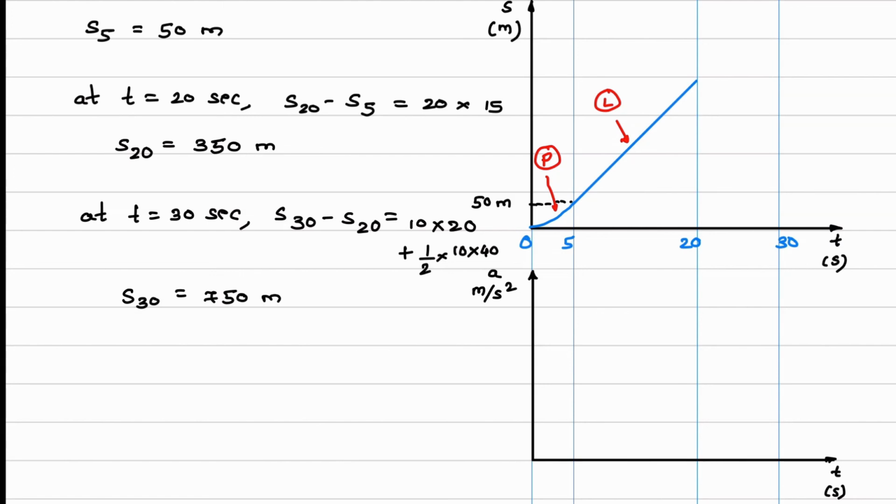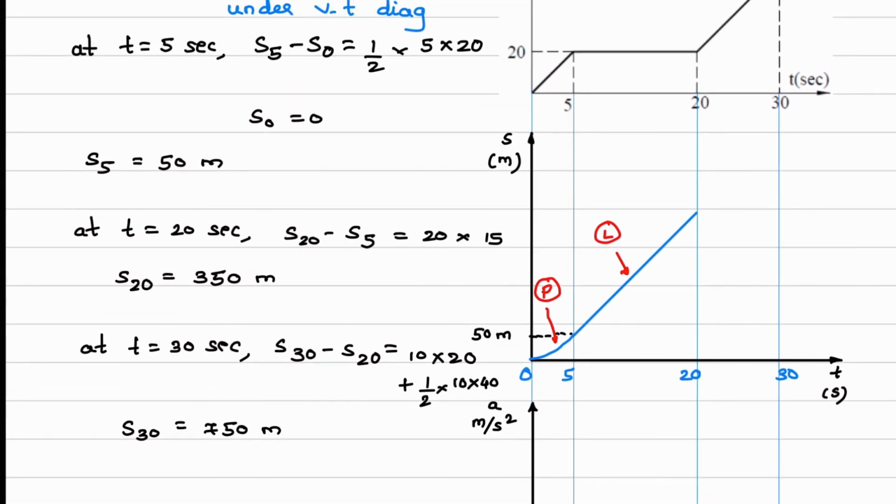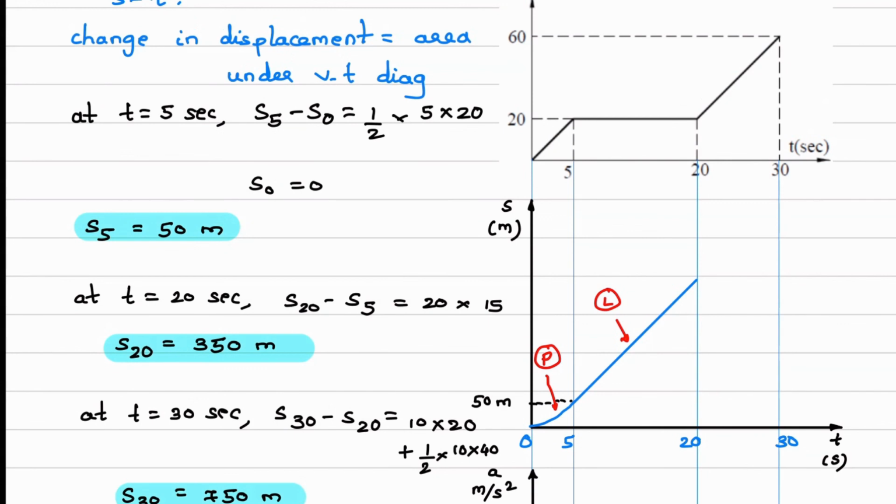Okay, now we'll mark the last part. So we'll just highlight the answers. So this is S5, S20 and S30. Now understand this part. If you see, velocity is slope of ST diagram.